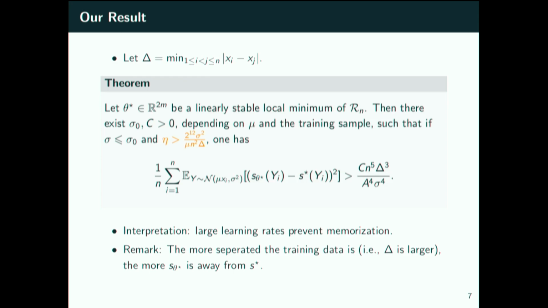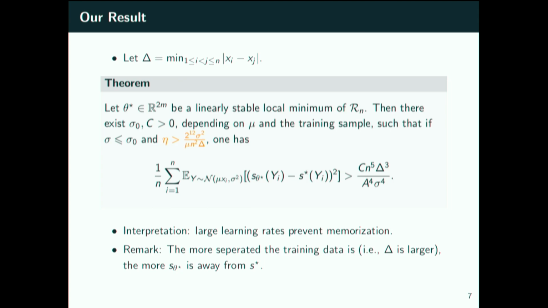In short, this means that large learning rates prevent memorization, preventing us from learning s star directly. One remark on the lower bound is that it scales with delta. So if the training data is more separated, s theta star is further away from s star.